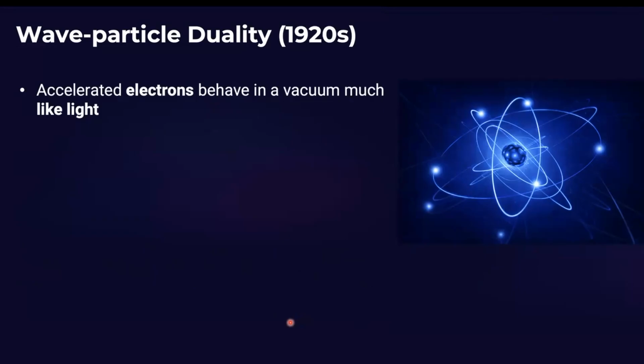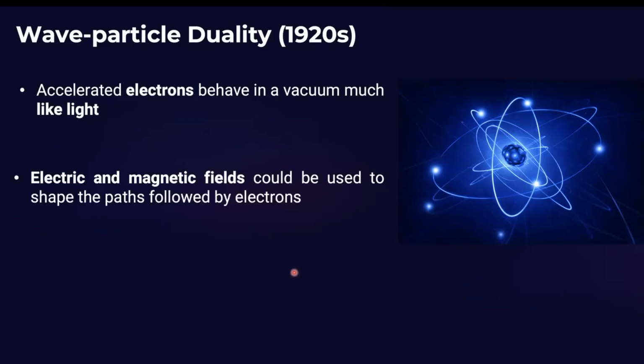The idea was that if you make a cloud of electrons, unfortunately electrons scatter in the air. You need a high vacuum. So if you have a source of electrons and then you apply a high electron volt accelerating voltage, you can make those electrons behave in vacuum much like light.